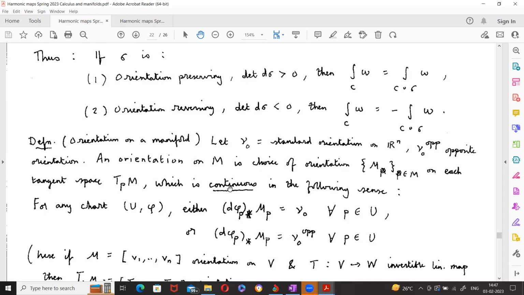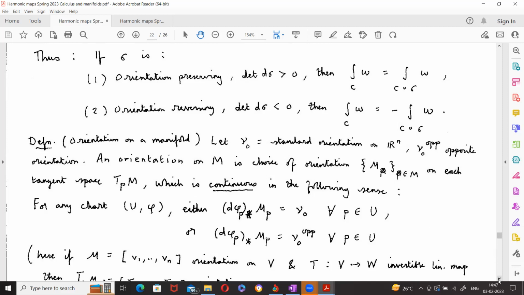What does it mean for this set of orientations to be continuous? It means the following: if I take any chart (U, phi), then at each point I have an orientation mu p on my tangent space T_pM, and I have the derivative of the chart d phi at p. This is a linear isomorphism from T_pM to R^n, right? So I can look at the push forward of this orientation under d phi p.